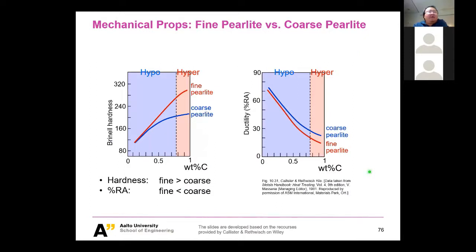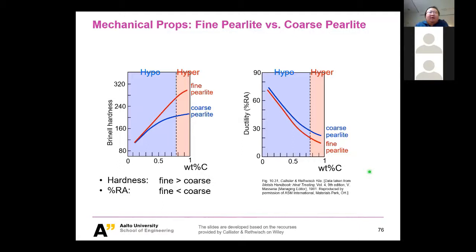And another difference in terms of microstructure is also the grain size. If you remember, we could get either fine pearlite or coarse pearlite by just controlling the temperature, whether it's a lot of supercooling or a little supercooling.